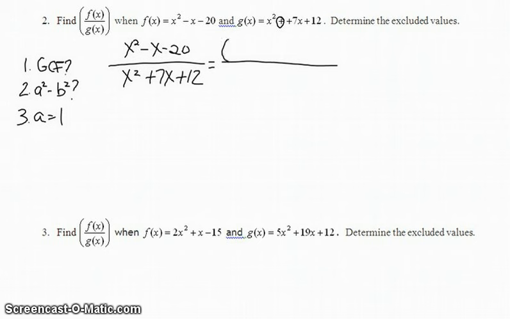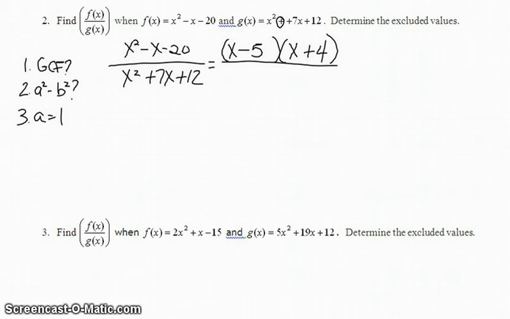So I'm going to come over here, put out my binomials. I need factors of negative 20 that add up to negative 1. I'm going to have x minus 5 and x plus 4 are the two factors you should have found. When I multiply them, negative 5 times 4 is negative 20. Add them, negative 5 plus 4 is negative 1.